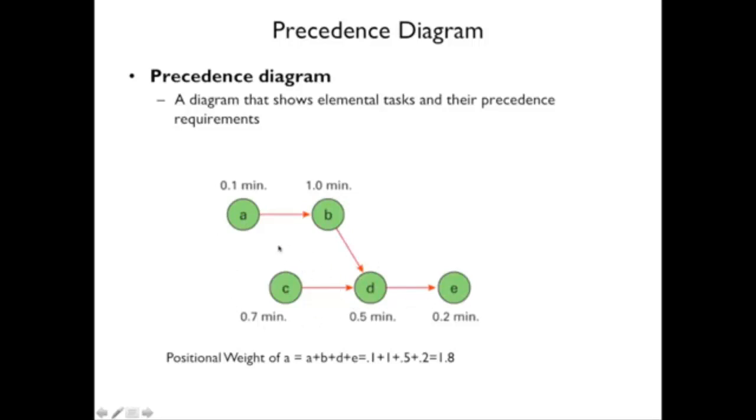If you look over here, you add these two together, and it's larger than this one. That's the precedence diagram. If you're worried about whether to get started on this one first or this one, you definitely want to start with this one first, because you can start working on this, and then the other person shows up and starts working on this, and they show up at the same time. So you essentially have about 0.4 minutes of reserve on this one.